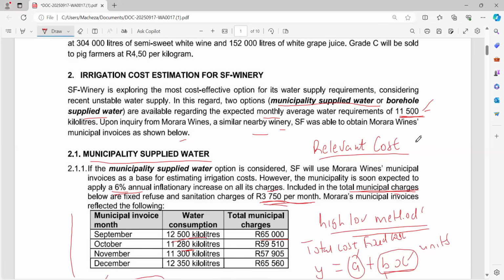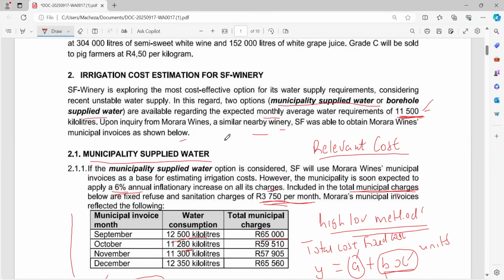Because remember, variable cost goes with consumption. The more we consume, the more the variable cost, but the fixed cost will remain the same. So you need to separate so that you align your variable cost to consumption. Once you determine your variable cost, you come back here.